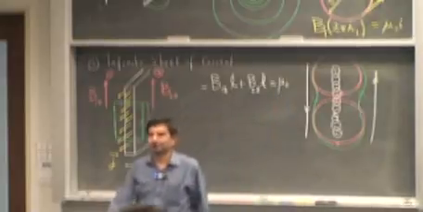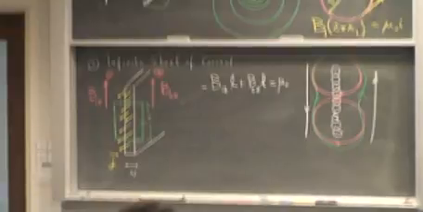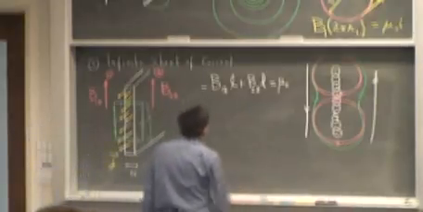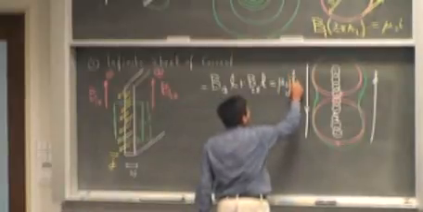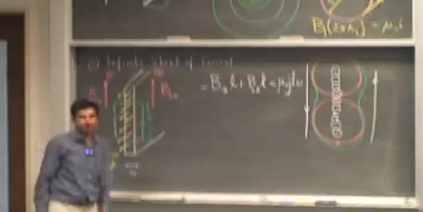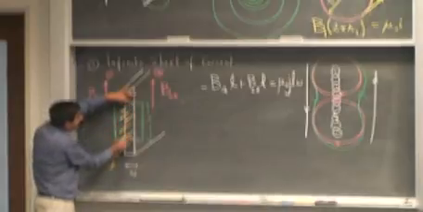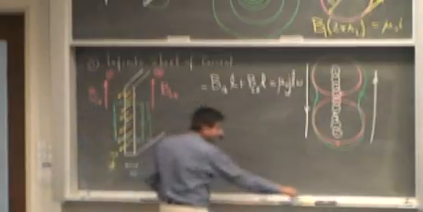Now what's the current enclosed? How much current is inside this? How much current is passing through this path? Not infinity. Tell me with the area, what is it? Sir, I dot dA, and L times W. J into L into W. Because this is the current enclosed. The current density is J. This area is L times W. So the L goes away.